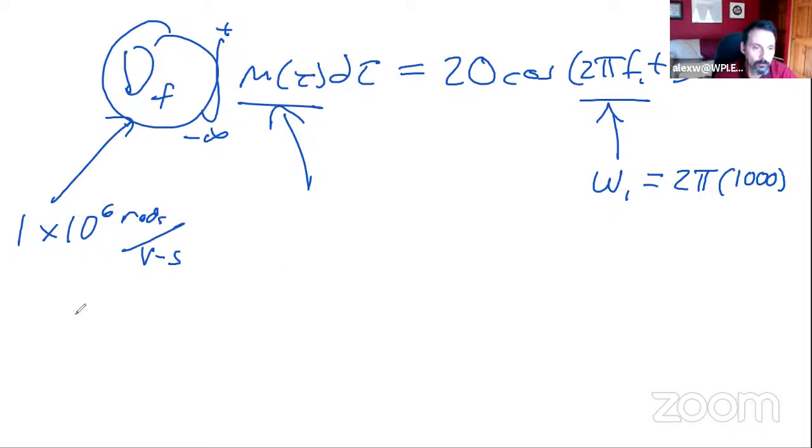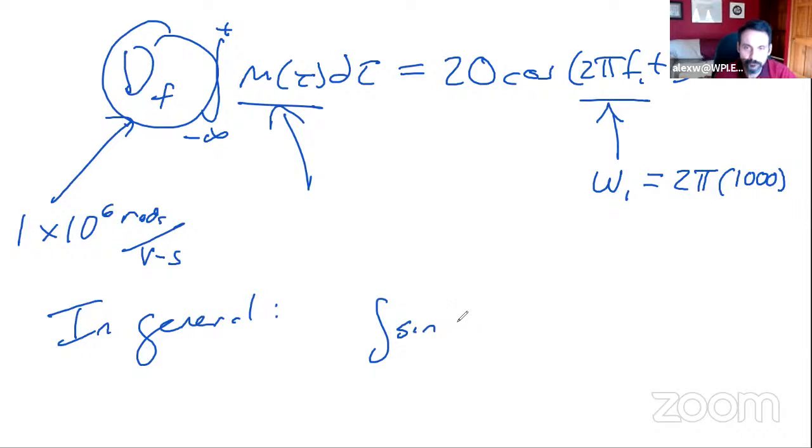We know in general that the integral of a sine of tau d tau, what is that equal to? That's going to be equal to minus cosine.